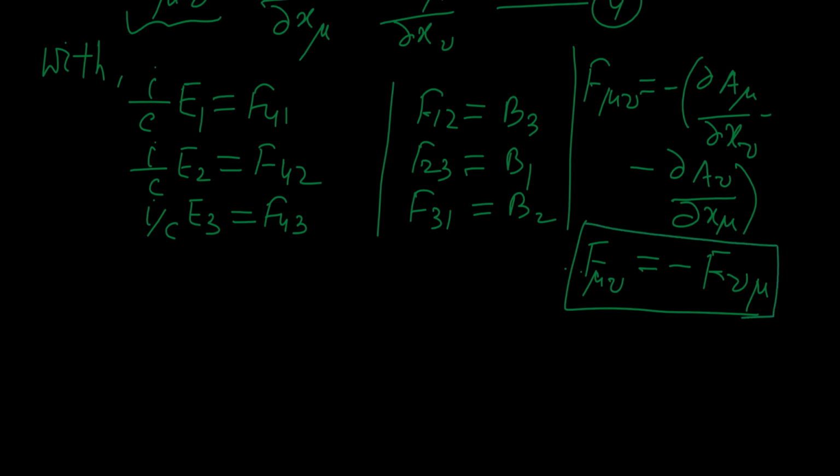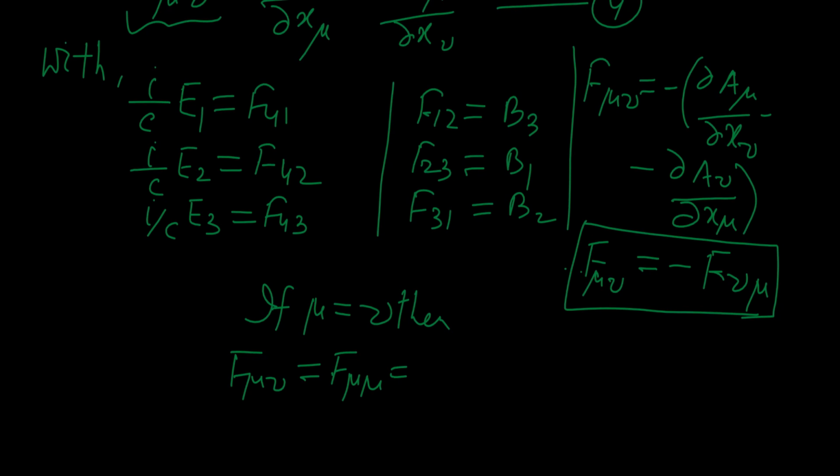Again, if we take the two indices the same, if mu equal to nu, then F mu nu will be simply written as F mu mu or F nu nu, whatever you write. And what will be our result?